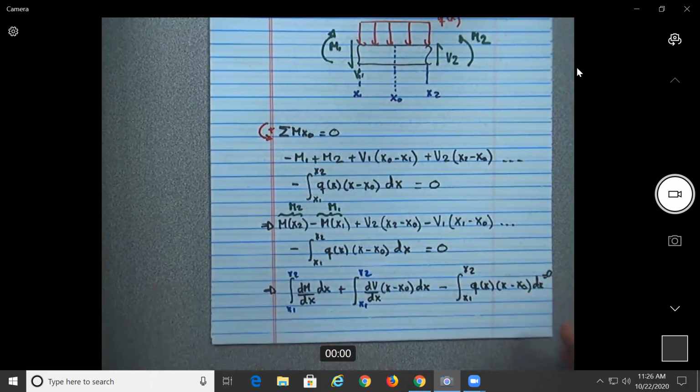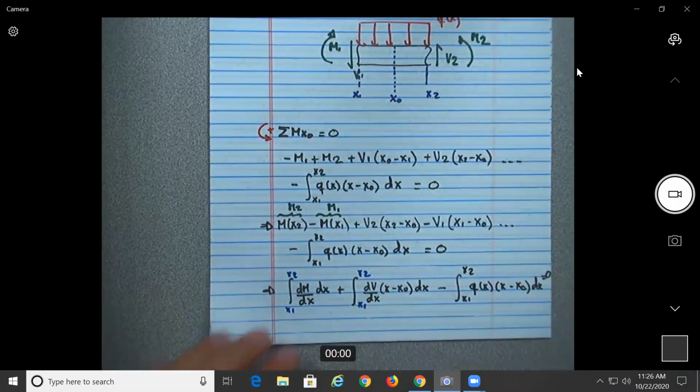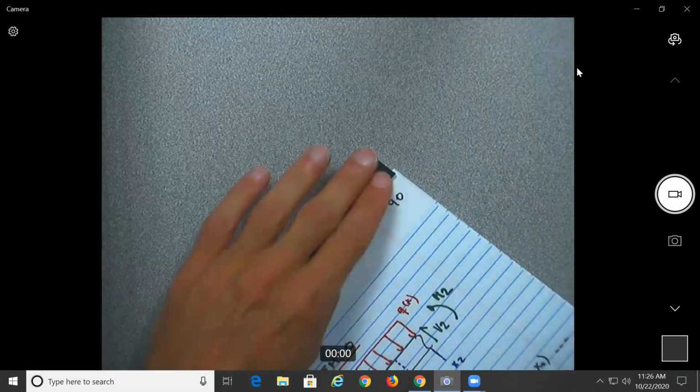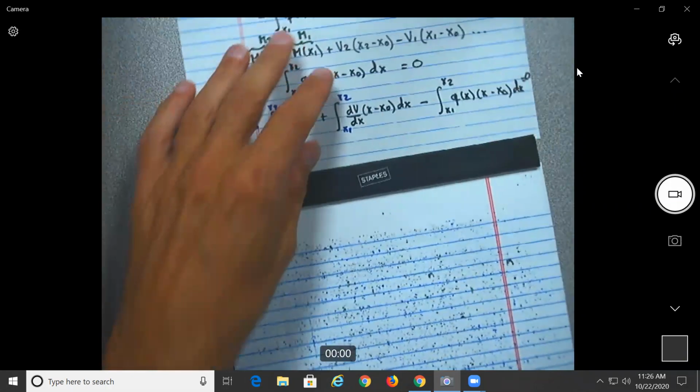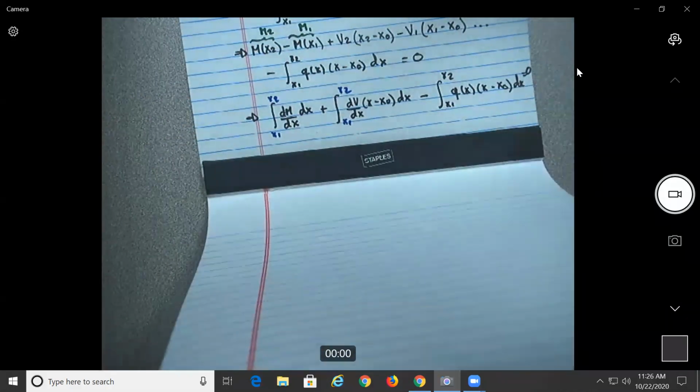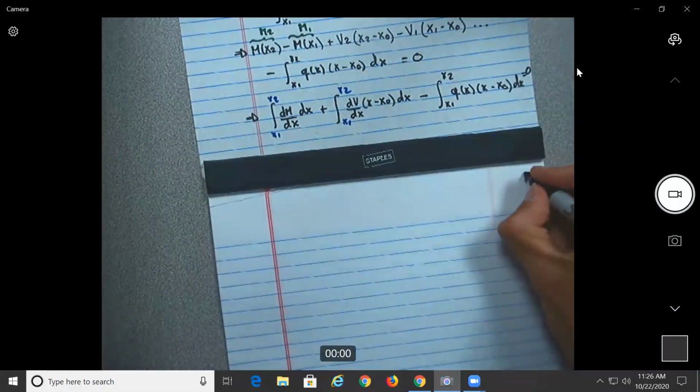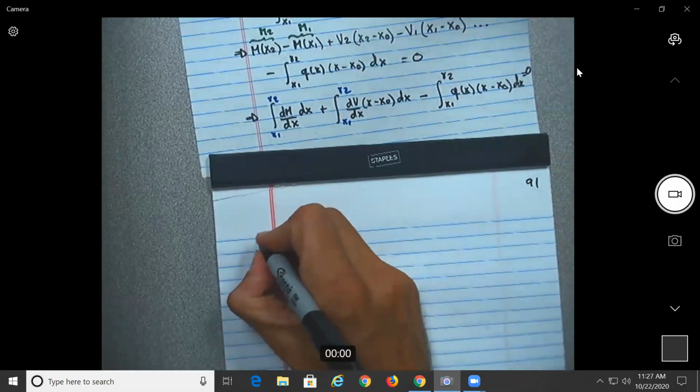Okay, so I'm just going to write the same line over here on the next page, except that this time I'm going to write it a bit differently, okay? Page 91. See if I can put everything in one line.